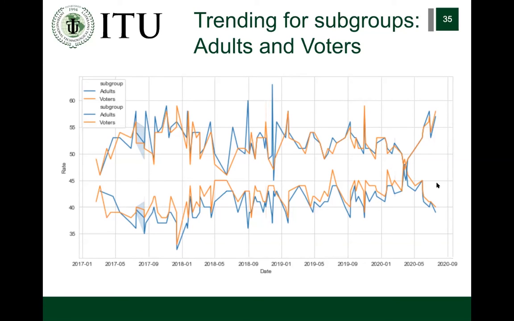We know some people, although they are already over 18, didn't register to vote for their president. So there are two different groups, and we can see that adults have a higher disapproval rate and a lower approval rate, and the gap for registered voters is smaller than the gap for adults.